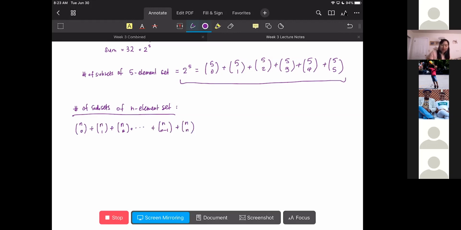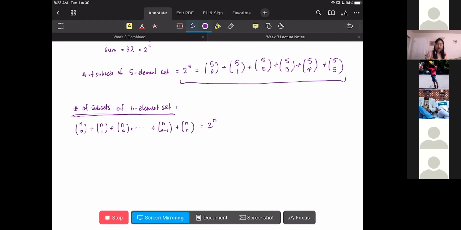Okay. And then if we count the same thing, the number of subsets of an n element set, in a different way, by just counting directly, we have n elements, and for each element, we can choose whether it's in the set or not. So we have 2 choices. Then that equals 2 to the n.